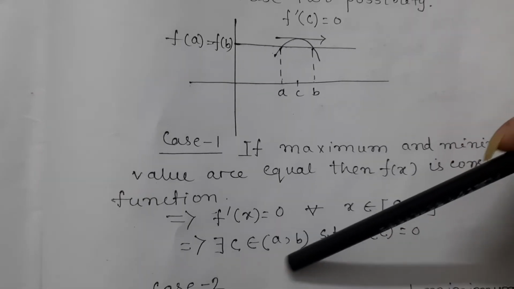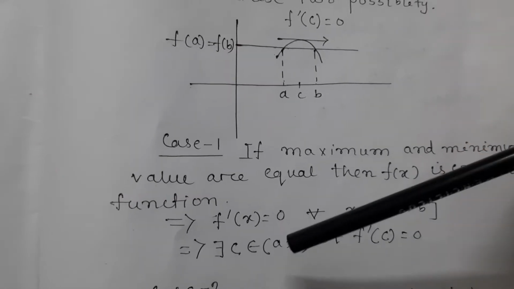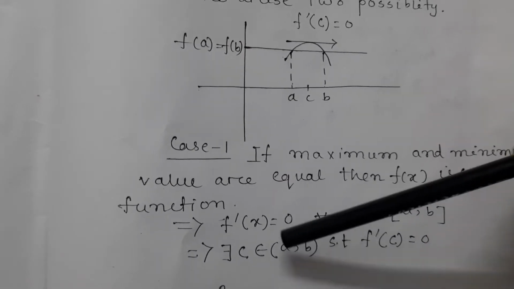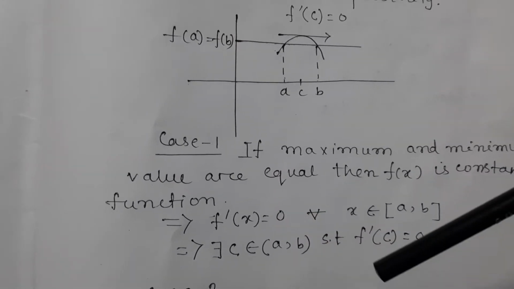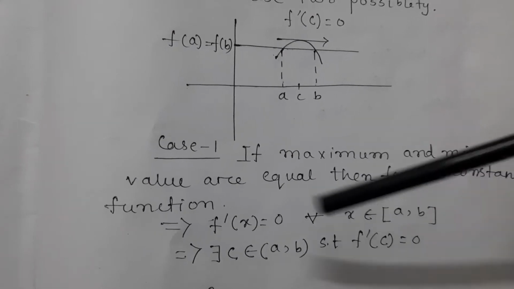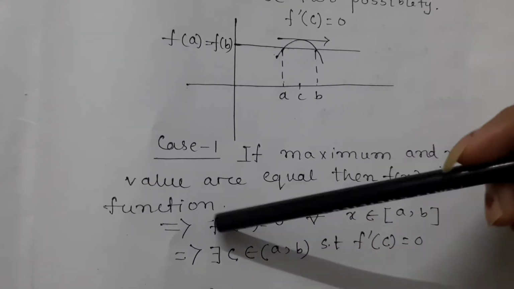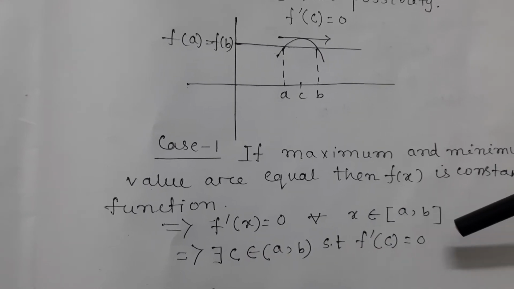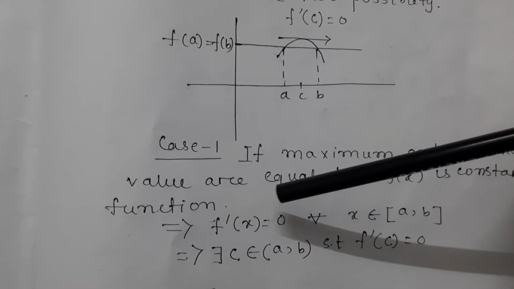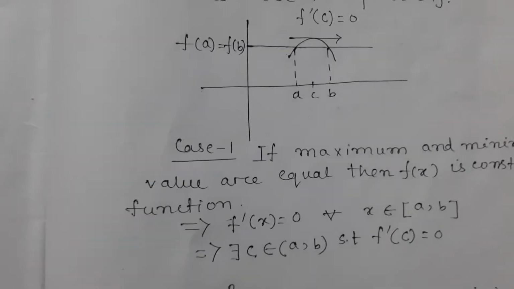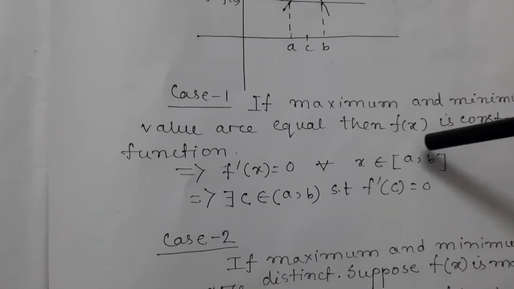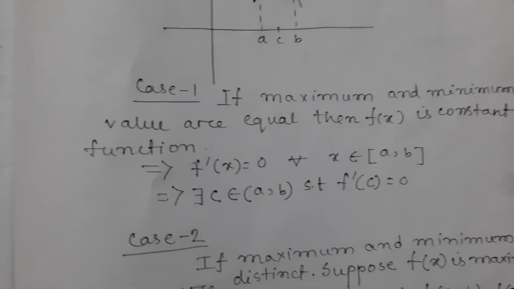So for one point c belonging to (a, b), f'(c) is equal to 0, because f'(x) is always 0 for all x in (a, b).